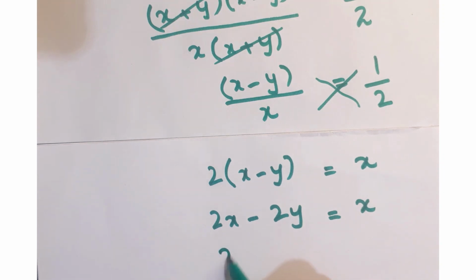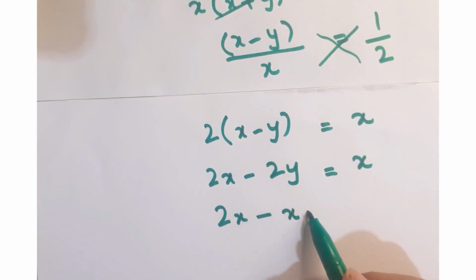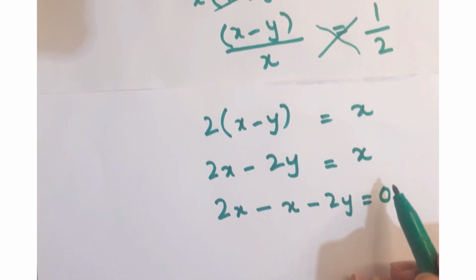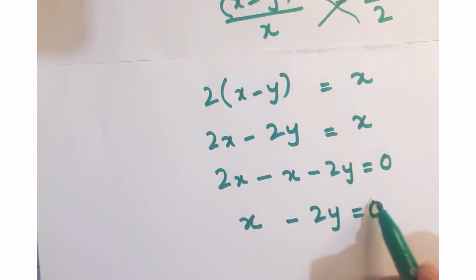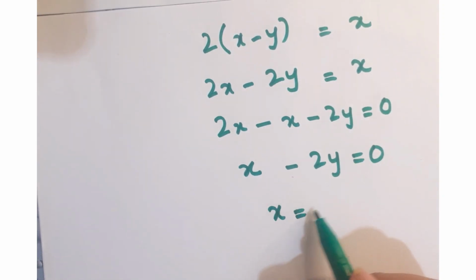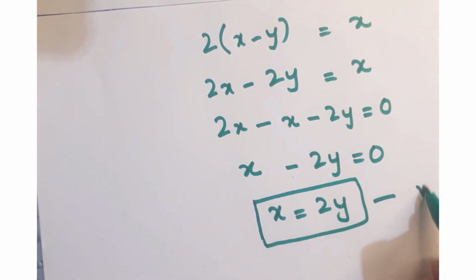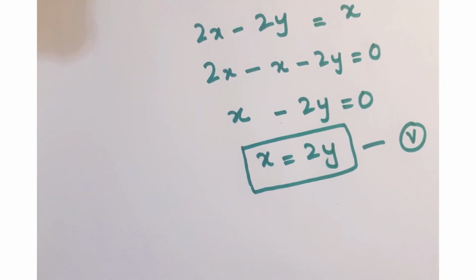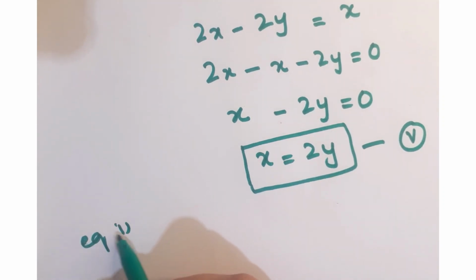Just move this x to the left hand side, so we get 2x minus x minus 2y is equal to 0. This makes x minus 2y is equal to 0, or you can say x is equal to 2y. Now call this equation number 5.